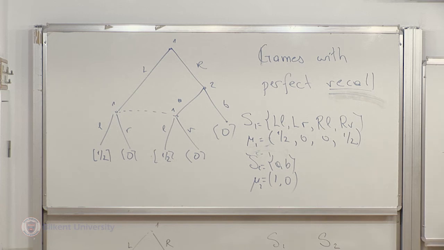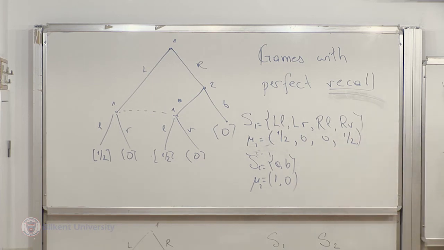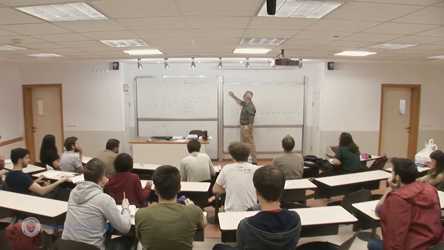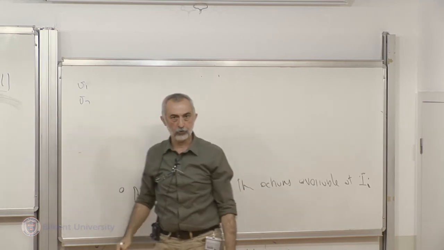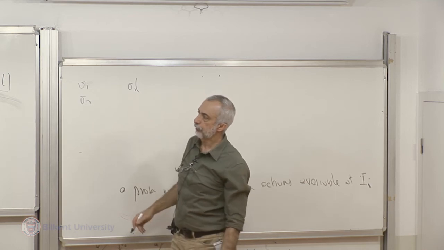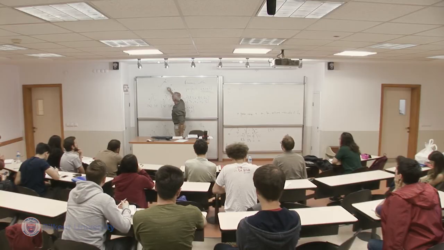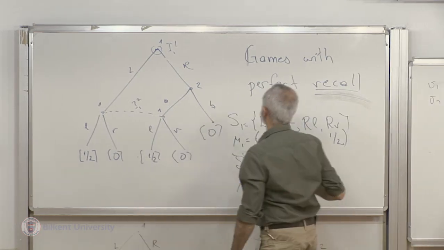So let's say that there is a behavioral strategy which induces the same probability measure. That is, there is sigma 1 and sigma 2 which induces the same probability measure. Then what does that say? Sigma 1 of, so I'll call this I11, and I'll call this I12.